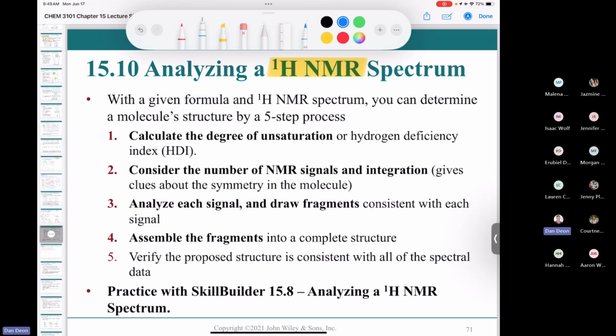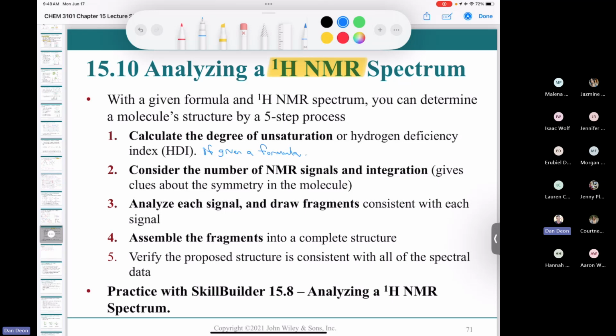Step 1, if given a formula, I would calculate the HDI. If they gave you a formula, then yes, you can calculate the HDI. Next is look at the number of signals and integration.